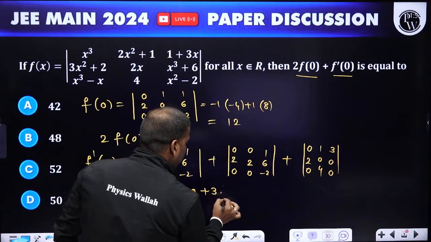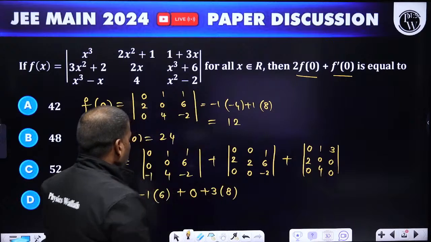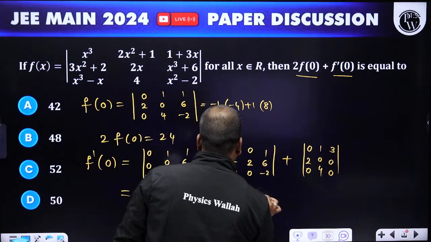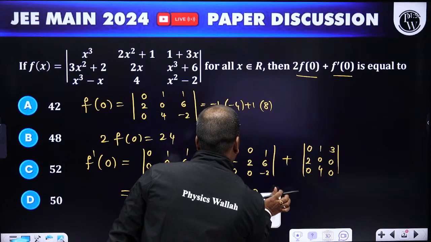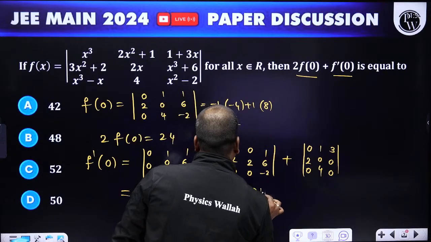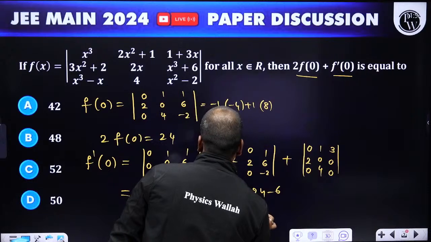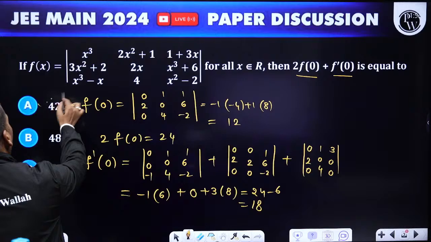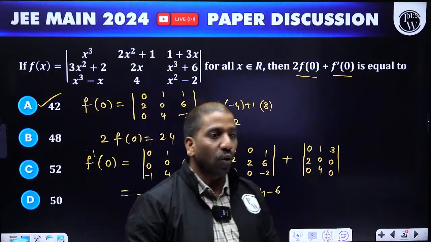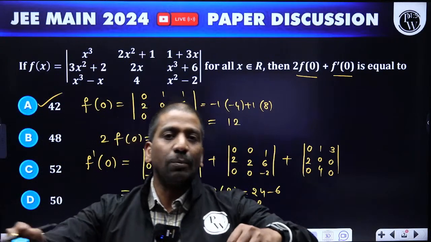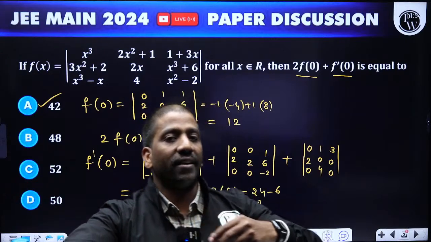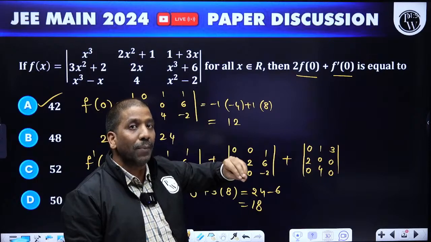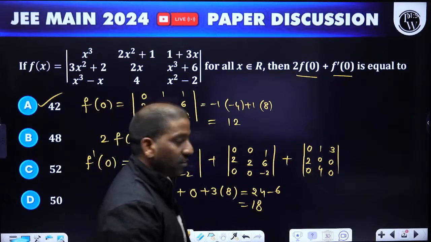Plus 3 times 8. 24, 18. 24 minus 6. So this is 18. 30, 42. 42 is the answer. Okay, so of course, if you apply the simplest ways, then we can make it. So expanding the determinant may become lengthy, right?